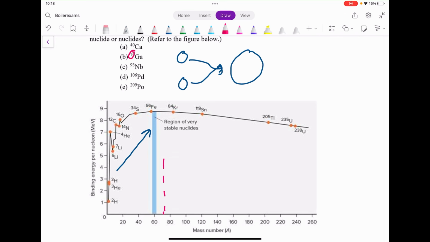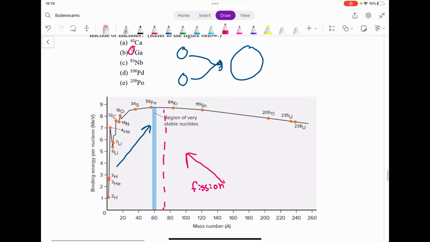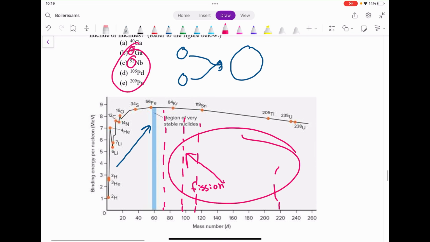That would be right here, and this is in the fission region. Anything on this right-hand side would prefer fission. Niobium, whatever it is, I don't even care because it's over here, to the right. Palladium-106, once again, is over in this region. And then 209. These four choices are all over here, which are all going to do fission.